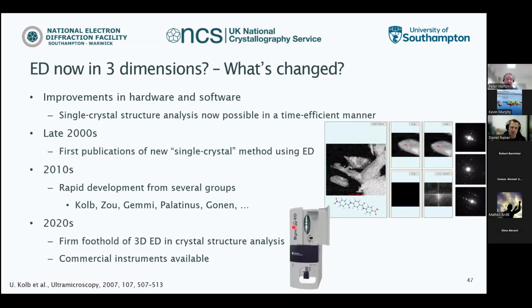This finally led to, in the 2020s, 2023, the first commercially available and commercially sold dedicated electron diffractometers. Up to this point, everything was done on a TEM, which has been repurposed to do these types of diffraction experiments, and which was usually mainly used for imaging.